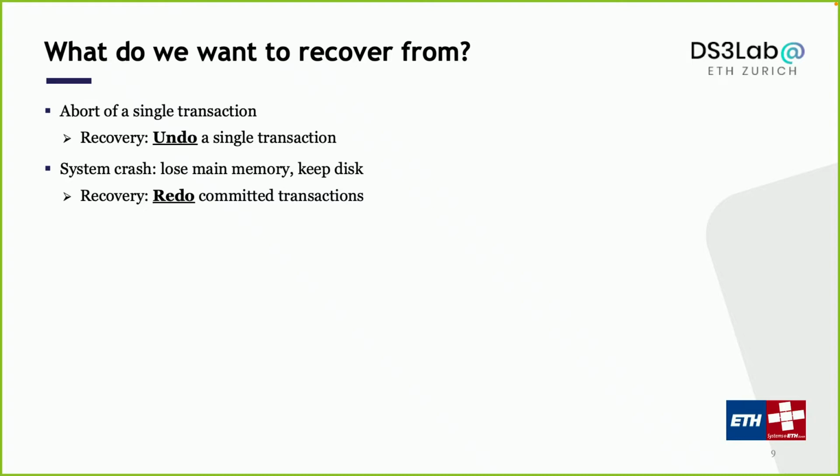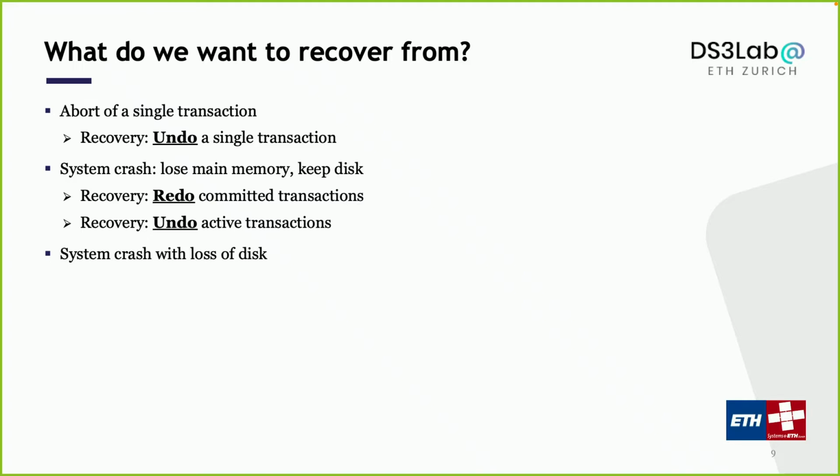The recovery essentially means that whenever I reopen my system, I need to redo all my committed transactions to make sure there is durability. I also need to undo all the active transactions that haven't finished to make sure I have atomicity. And of course, you can have a system crash with a loss of disk.